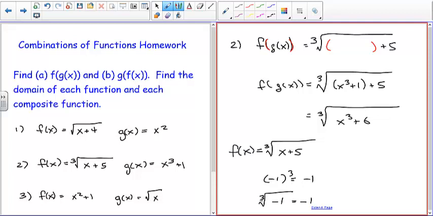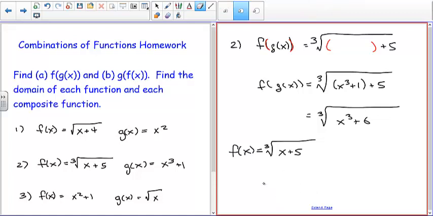What number multiplied by itself 3 times equals negative 1? And the answer is -1. Because of that, x for a cube root can be all real numbers again.